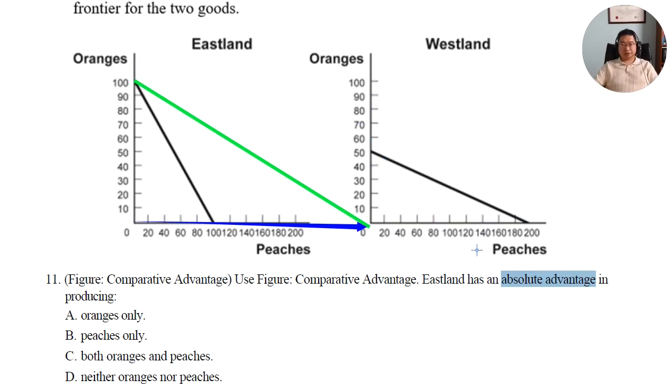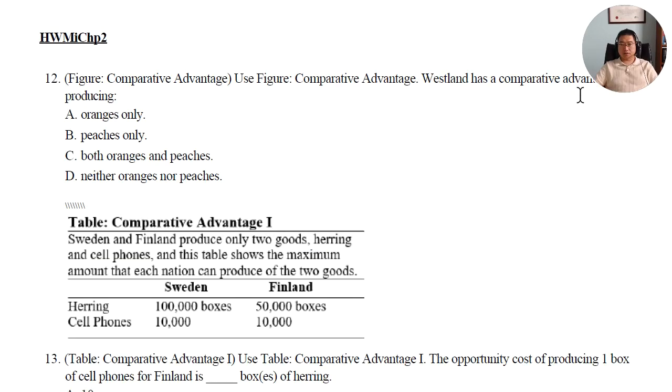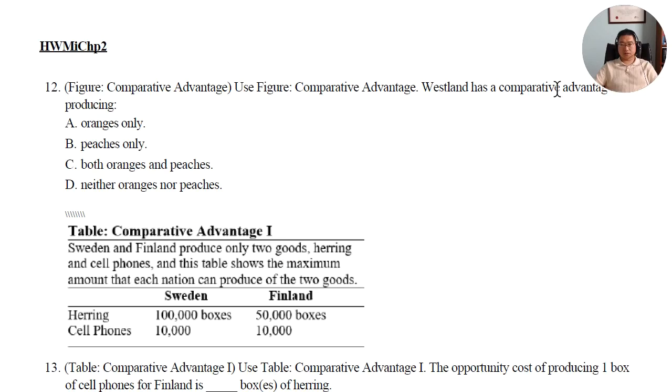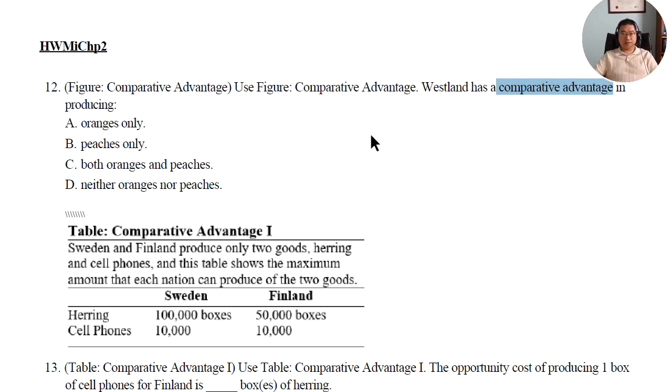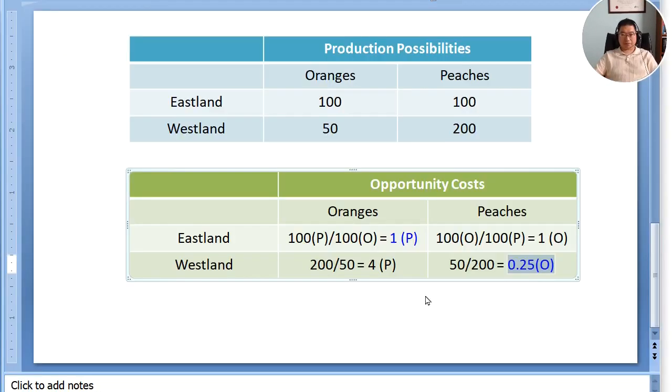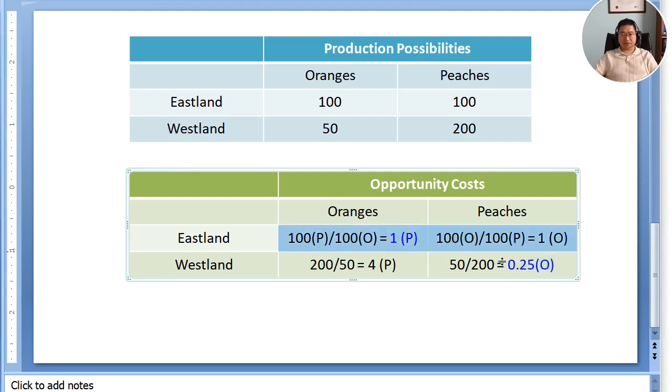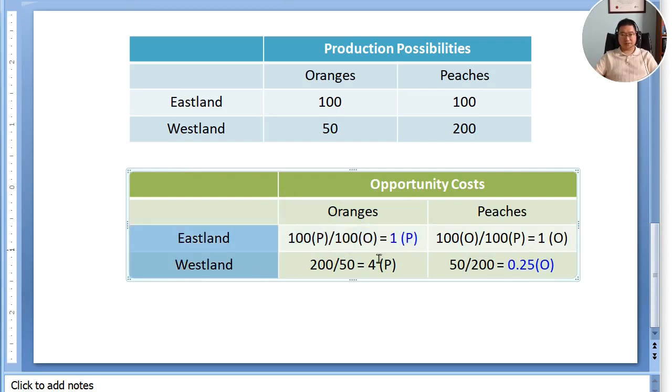But when you consider comparative advantage, there is only one good a country can have comparative advantage in, because we first compared the country to itself, and then we compared across countries for the opportunity cost.